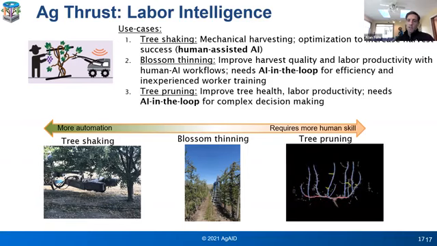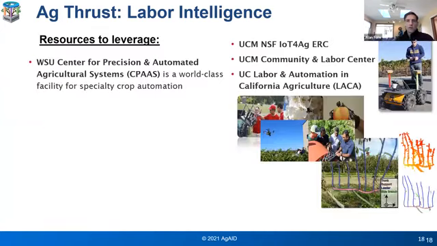This is another major labor task that is done in the off seasons, and it's very important because it has a lot to do with how productive you're going to be next season. So I'll be talking about the pruning specific project in a little bit.